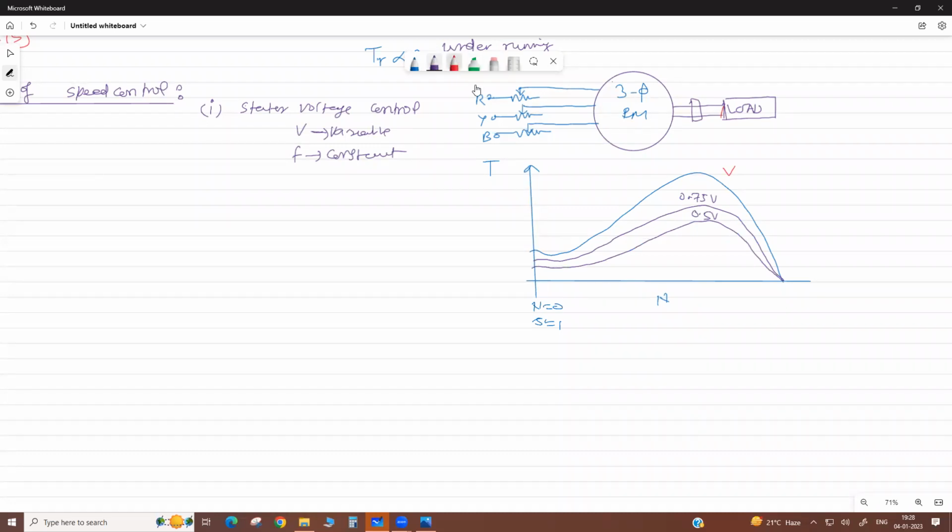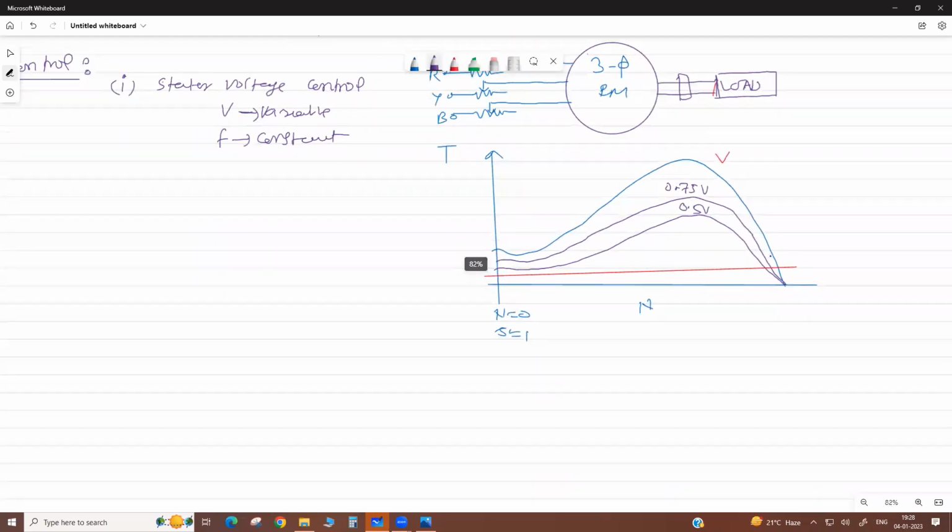Now suppose your motor has a load. This is your load torque. See how the speed is controlled. Initially when we give the rated voltage, the motor operates here for the same full load.